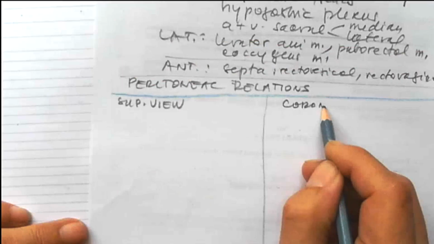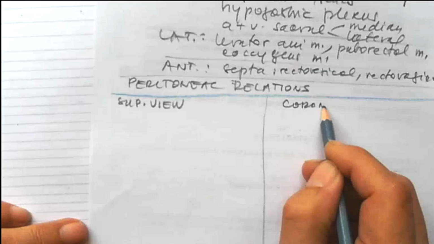One would be the superior view on the left side, and here would be the section. Which one? Coronal is the best. Coronal section. If we look at these two, they will help us to understand the position relations of the rectum and also the peritoneum.